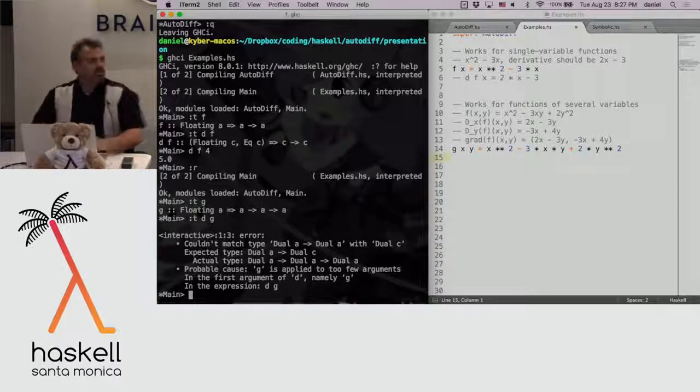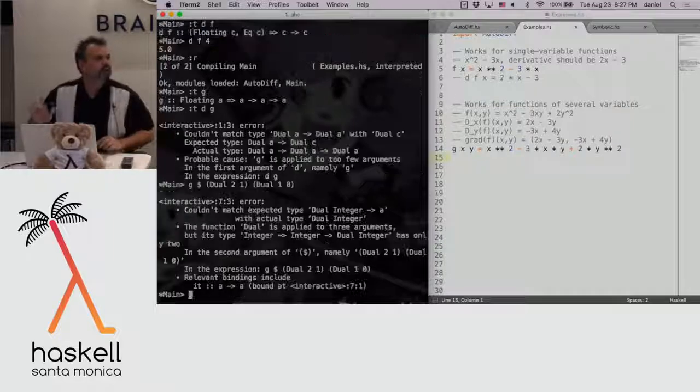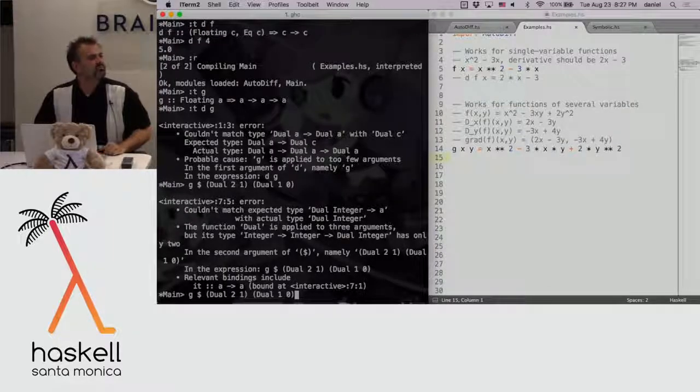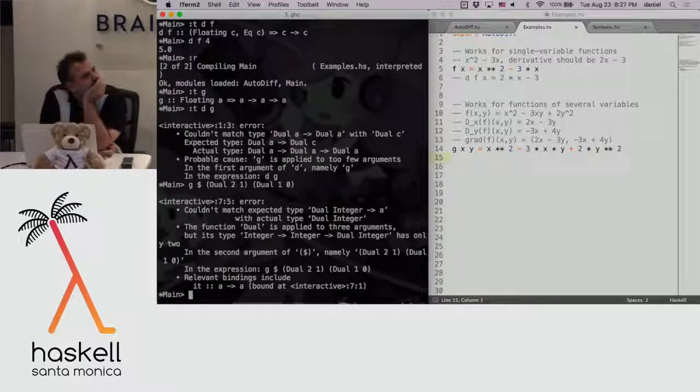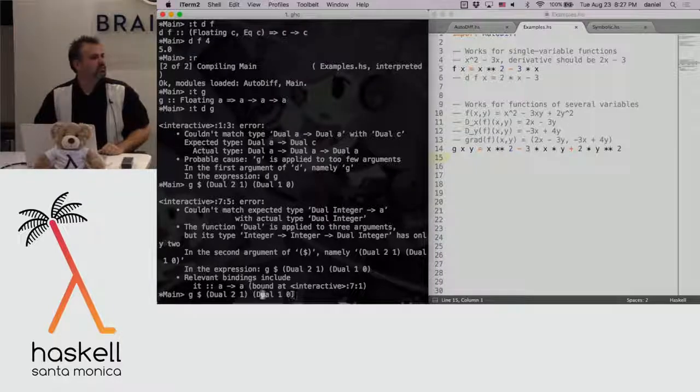We can't use D. But what we can do is take our G and apply it manually to a couple of duals. So we can go dual 1, dual, say 1, 0. Get rid of the dollar? Okay, thank you.